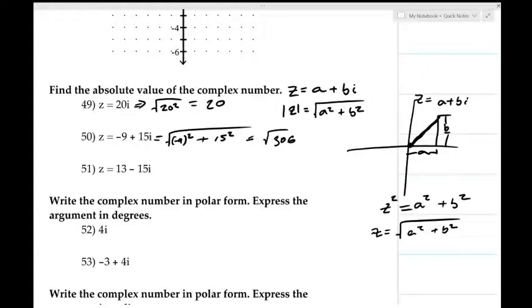And perhaps we could leave it like that, unless we can factor it between two perfect squares.